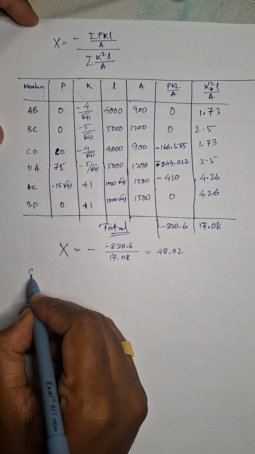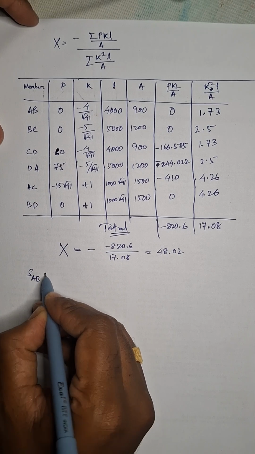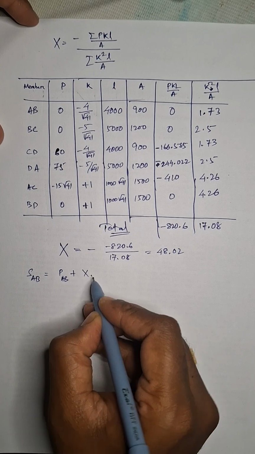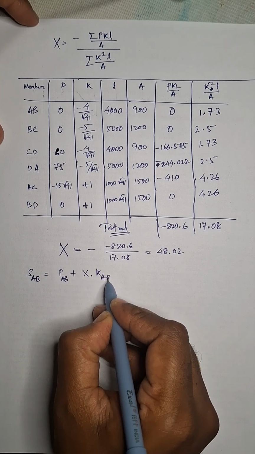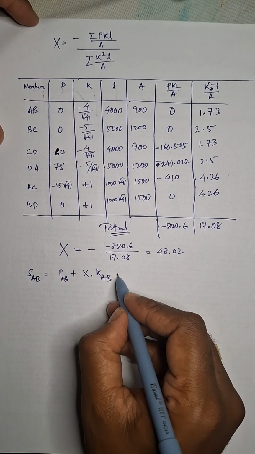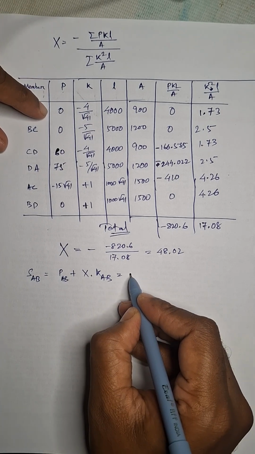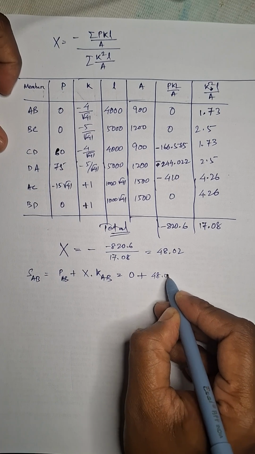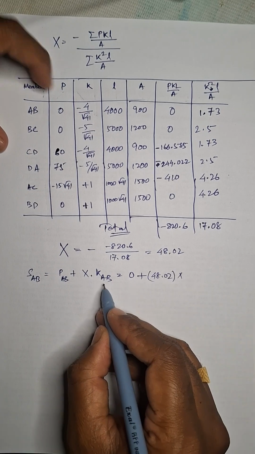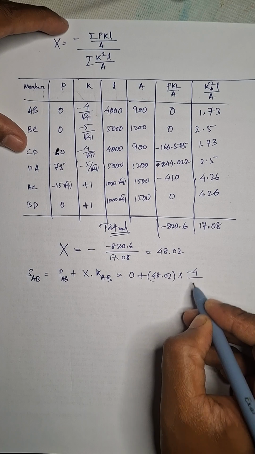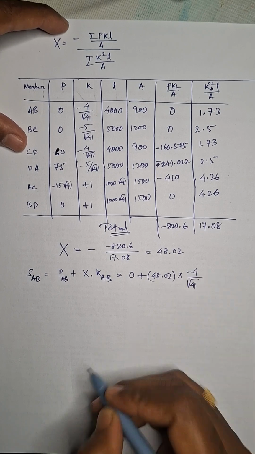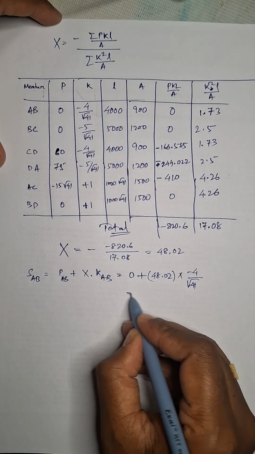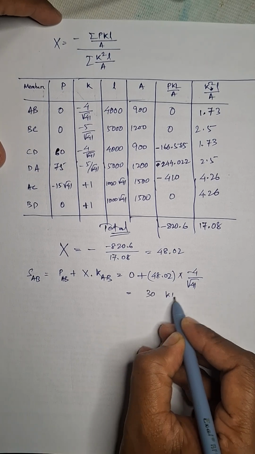Which one is SAB? SAB will be equal to PAB plus X into KAB. We have all the values, isn't it? PAB is 0, plus X value is 48.02 into KAB, which is minus 4 by root 41. Upon calculation we'll get this as negative 30 kilonewton.